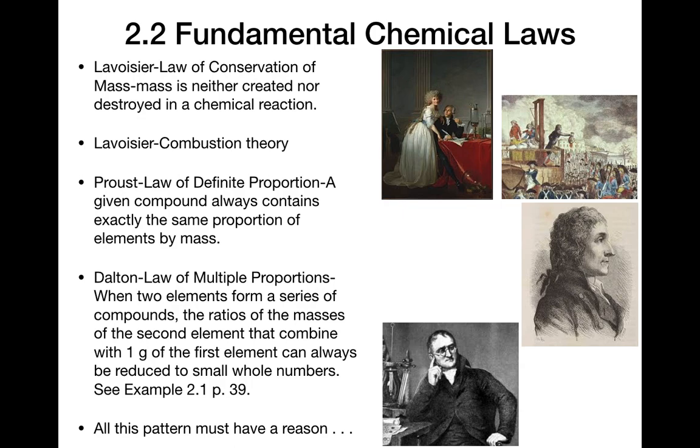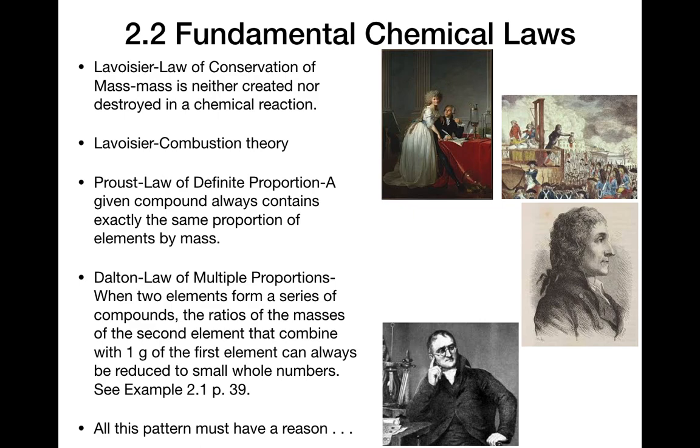Besides the law of conservation of mass, advances in technology for measuring mass led Proust in the late 1700s to develop his law of definite proportions, that a given compound always contains exactly the same proportion of elements by mass.